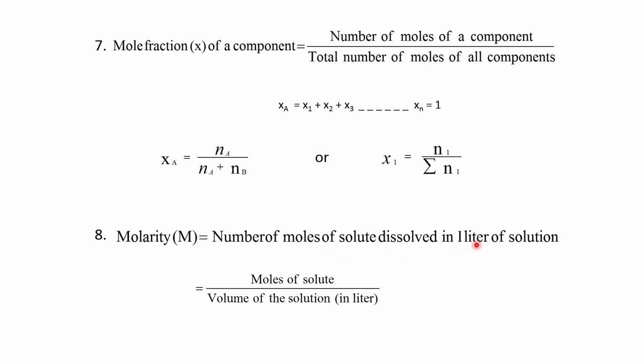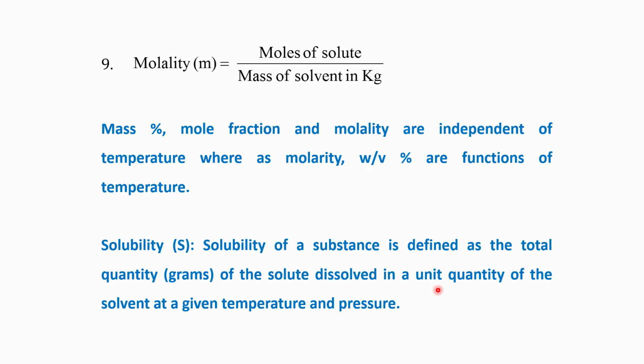So, 58 grams of sodium chloride dissolved in 1 liter of water gives you 1 mole of sodium chloride. In terms of expression, if I want to write an equation, I should say moles of the solute divided by volume of the solution, and that should be in liters. It cannot be in milliliters or something. This is another way. Okay.